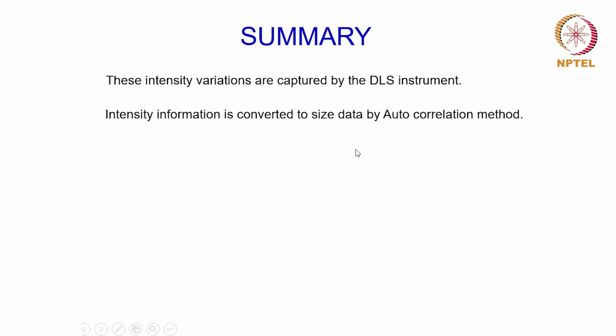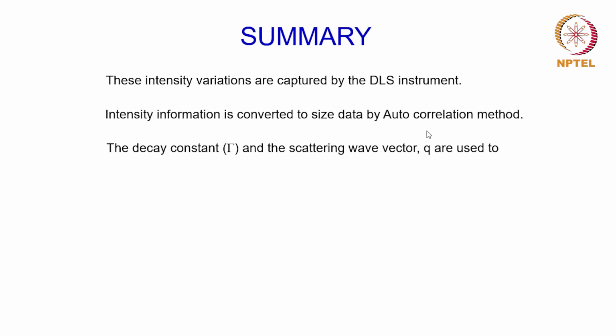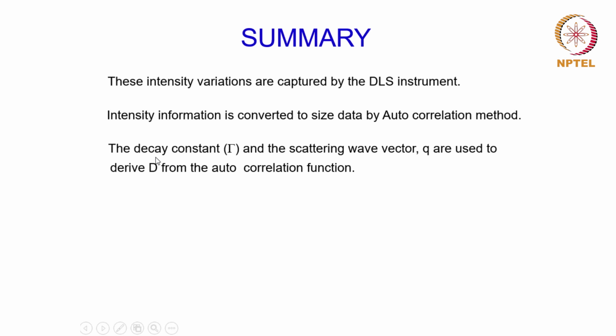And the method which is used to convert the intensity information into size information is known as the autocorrelation method, which basically uses a second order correlation function to define the intensity variation, and then from that autocorrelation function, the decay constant gamma, which is related to the scattering wave vector q, is derived, and from this the diffusional coefficient is obtained because the decay constant and the wave vector are related through the translational diffusion coefficient.